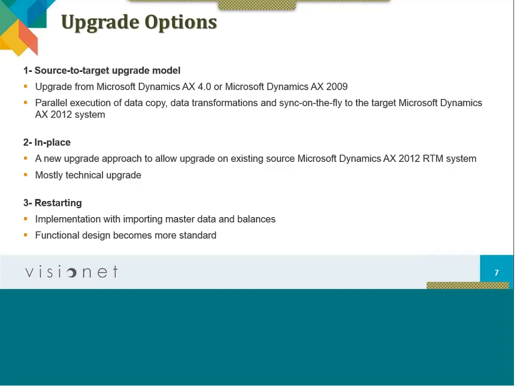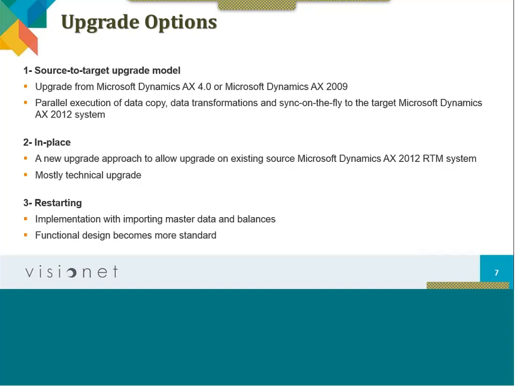You don't need a lot of hardware for it, and everything gets transformed on the same system. So it requires a much lower level of upgrade effort, because you will be getting to the new version and be able to use the new functionality.